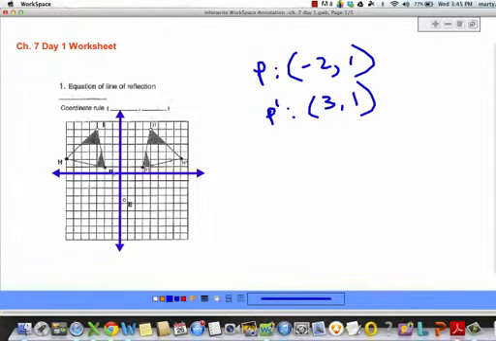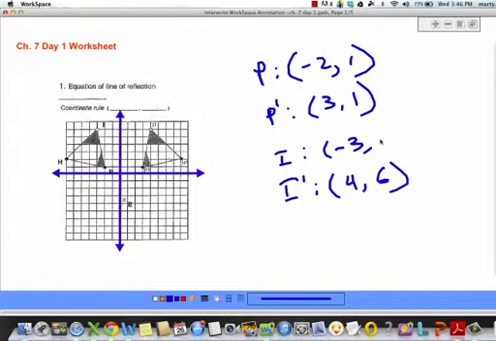When you look at I, we're at (-3, 6), and I1 is at (4, 6).